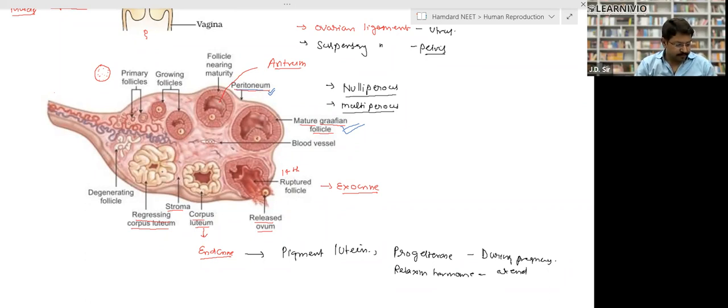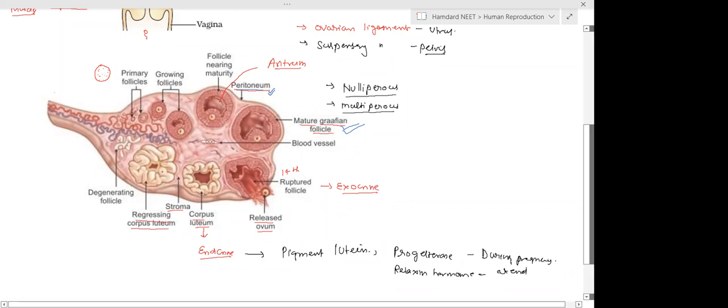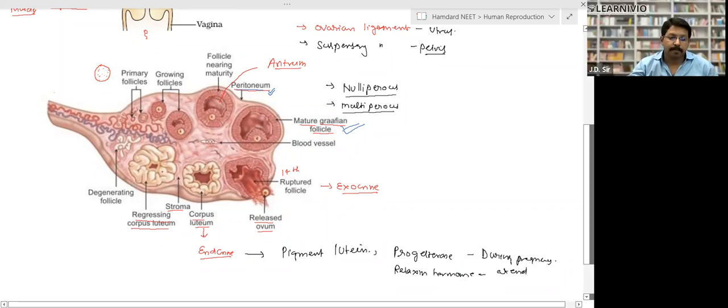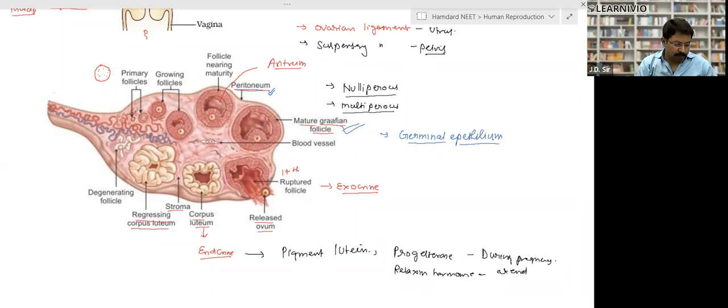It is wrapped by a layer of germinal epithelium. All the sex cells, either sperm or egg, are produced by the germinal epithelium only. Full stop. Germinal epithelium.